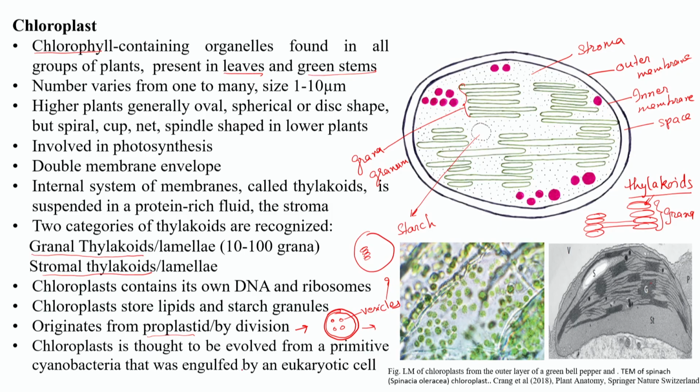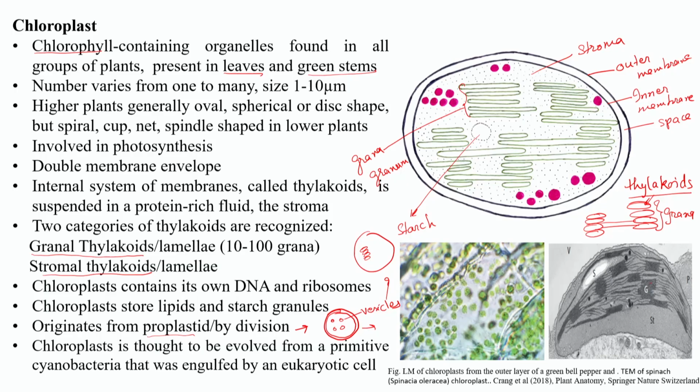Now it is also believed how the early chloroplasts would have evolved, and it was thought that some early primitive cyanobacteria, which are autotrophs performing photosynthesis, were engulfed by a eukaryotic heterotroph, and initially they started living together as a symbiont, and later they became a part of that eukaryotic cell and gave rise to a future plant cell. This theory is supported by the fact that chloroplast also contains its own DNA, and it also contains its ribosome.